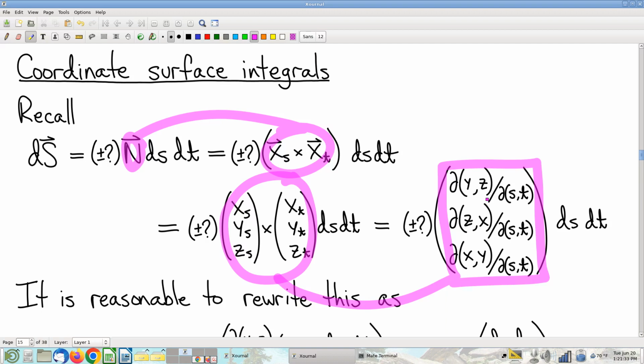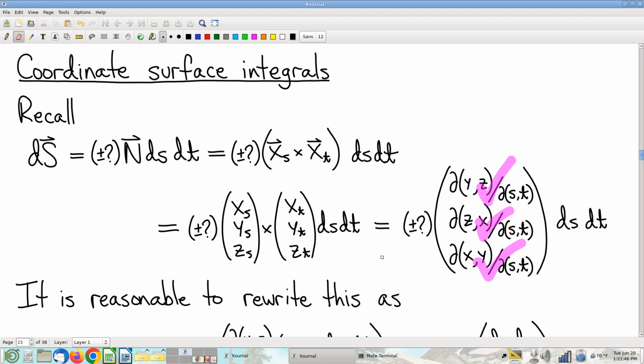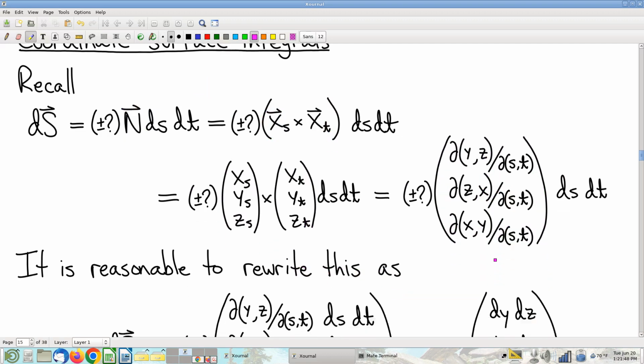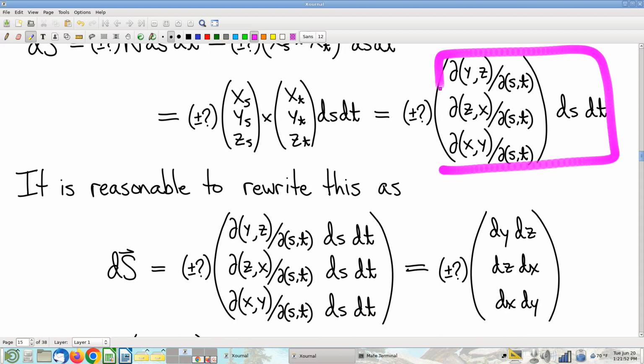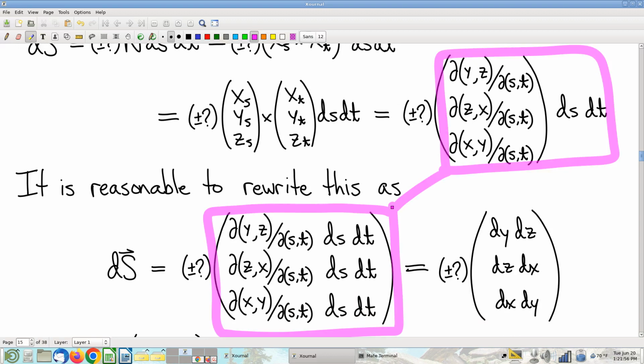And we previously observed how weird that the coordinates of capital N look like little 2x2 determinants. Where I'm going to go with it now is to point out that if you just take the ds dt and distribute to each of the coordinates, and then you look one coordinate at a time, what do you think we ought to call this thing right here?